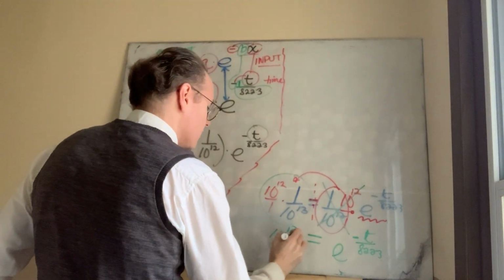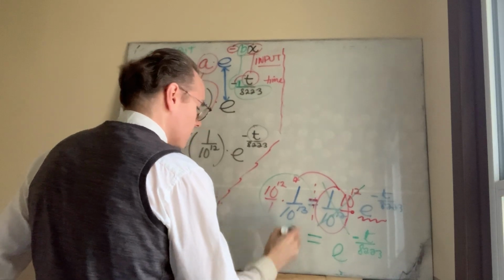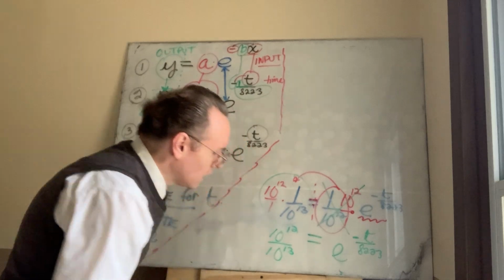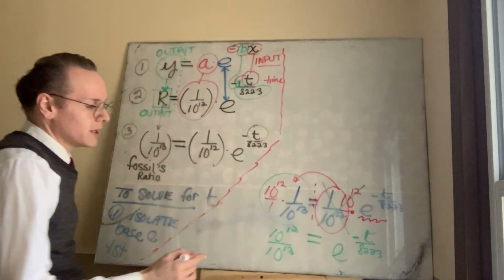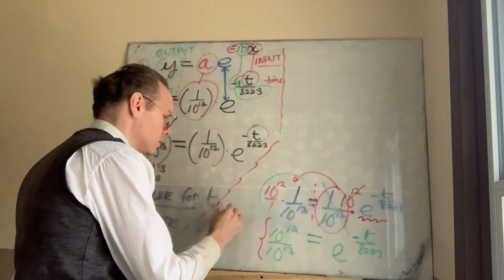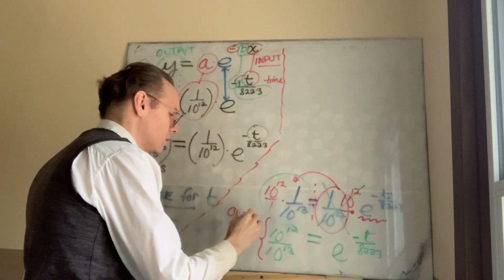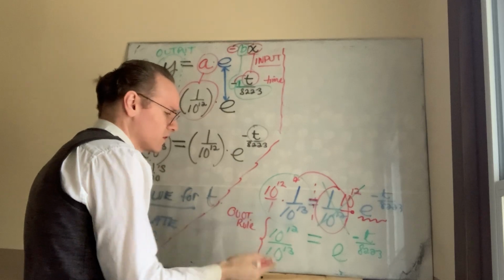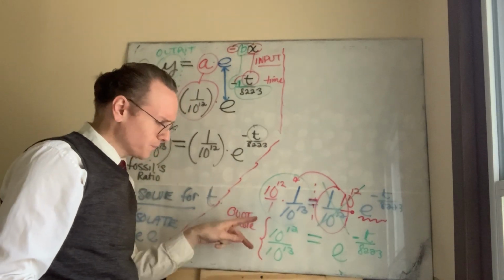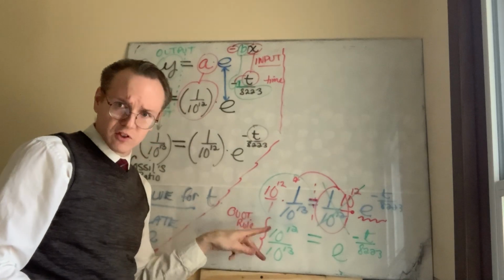10 to the 12th sitting on top of 10 to the 13th. Okay. Now, taking advantage of the quotient rule for exponents, I can simplify powers that have the same bases.